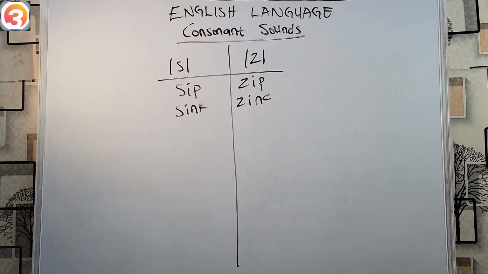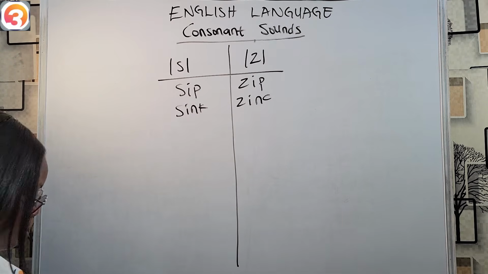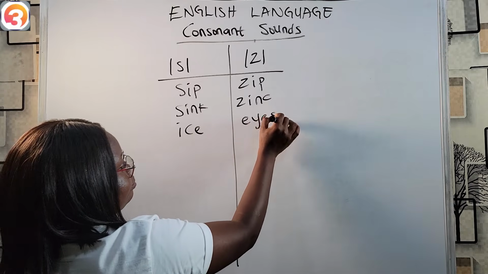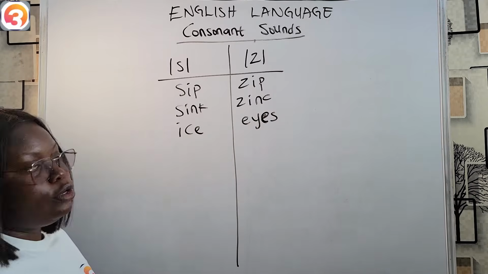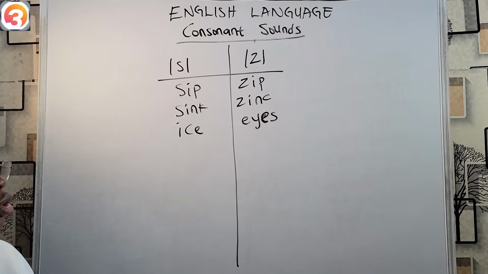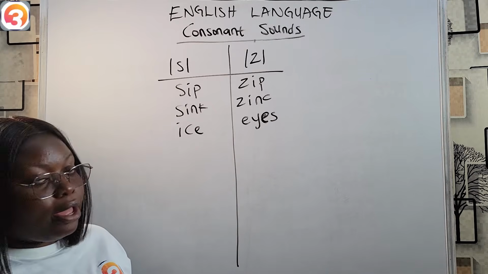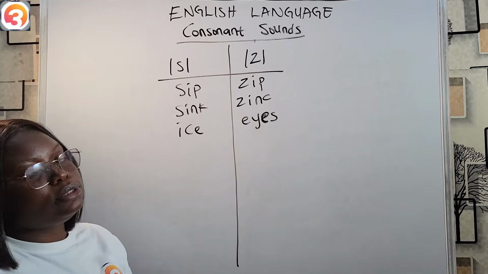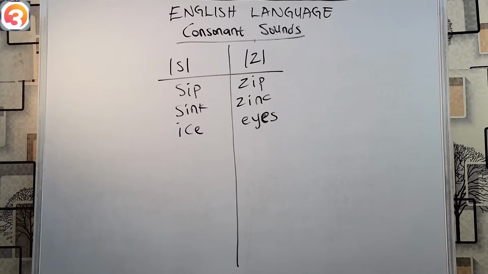Examples of minimal pairs between these two consonant sounds. Ice, eyes. Because this E here is a vowel sound, adding S to get the plural automatically becomes eyes. This is no more S but Z, eyes.